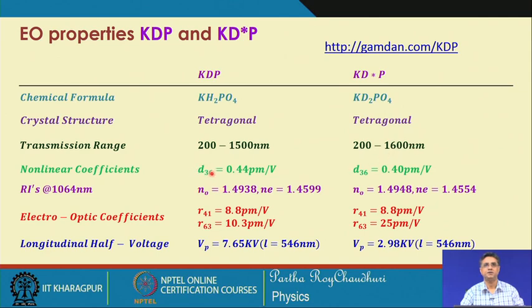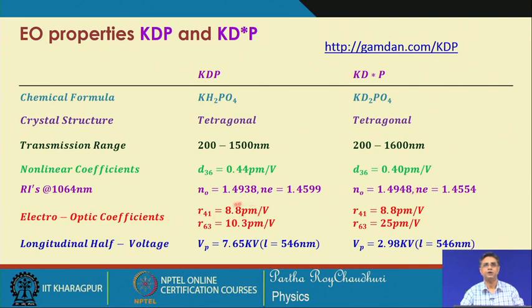D 63 coefficients, then these are the non-linear coefficients, and then the refractive indices, ordinary refractive index and extraordinary refractive index, are given by these values.